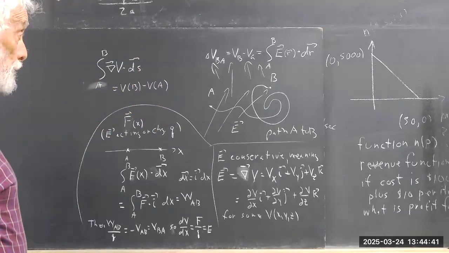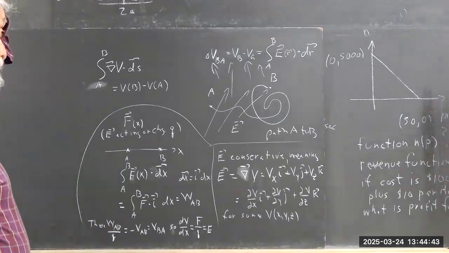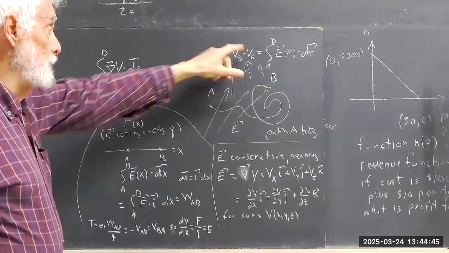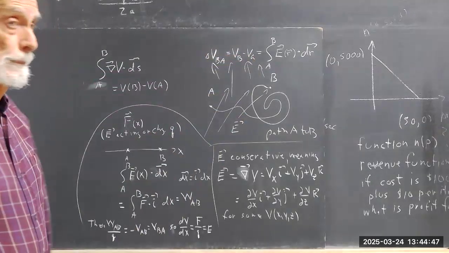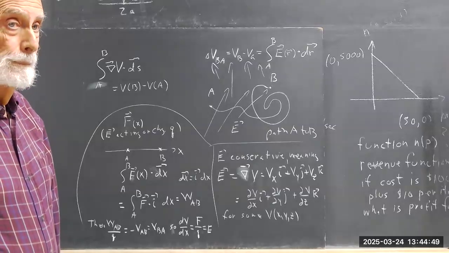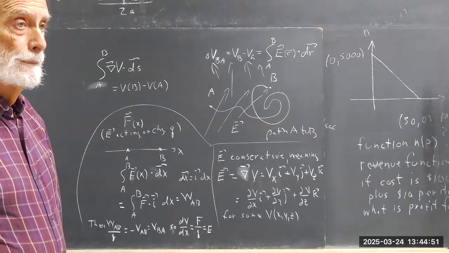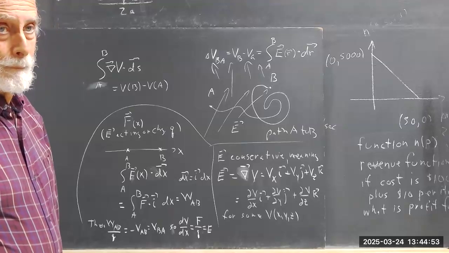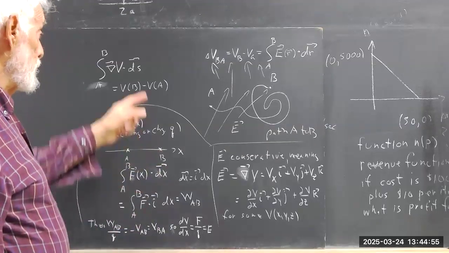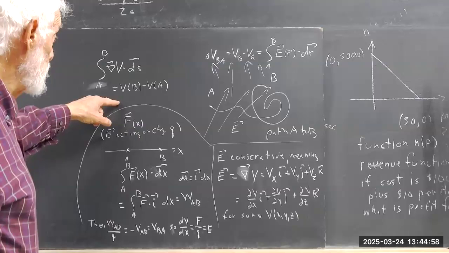It's just your potential difference, which is your VBA. Path independent.